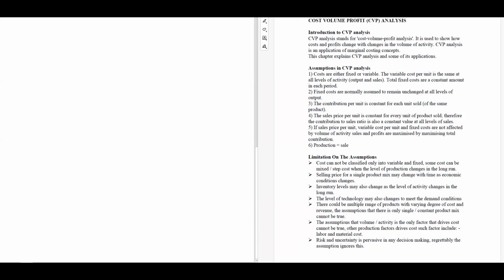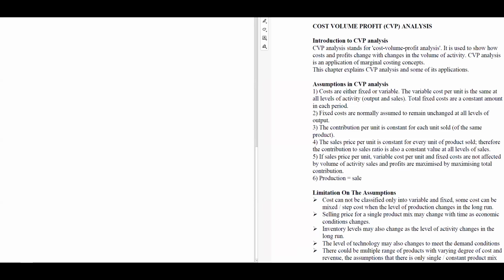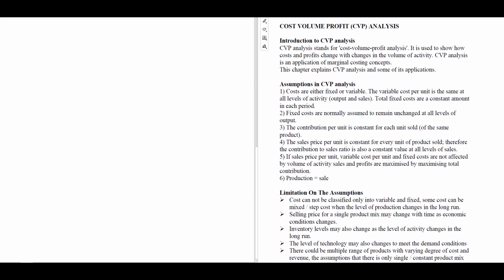And one thing you must understand about CVP is that CVP is sensitivity analysis. You are looking at how a change in one variable or a change in some variables is going to affect your profit. How a change in cost and volume will affect profit, or how a change in your volume will affect cost.